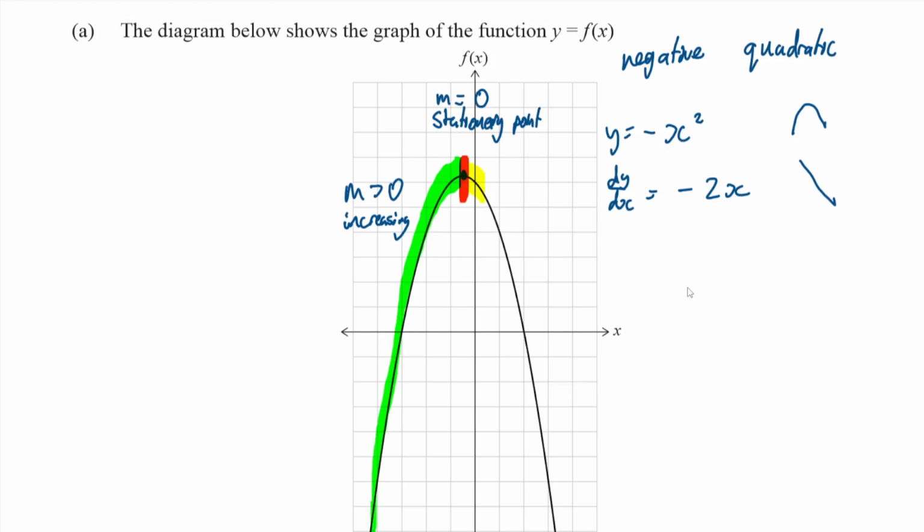And on the other side, negative gradient, so gradient's less than 0. We call that decreasing. So there are 3 distinct parts to the gradient of a quadratic. In this case, since it's a negative quadratic, it's increasing first, then it's stationary, then it's decreasing.